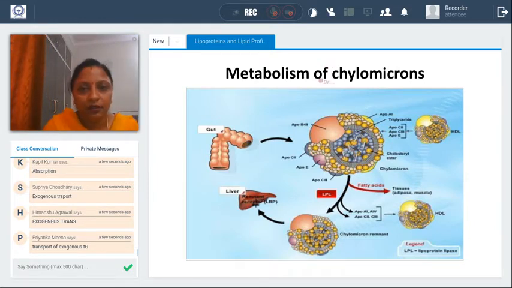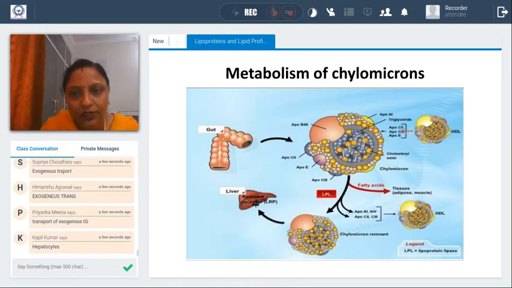This figure shows the metabolism of chylomicrons. You can see here, this is HDL. HDL gives ApoC2. Here you can see ApoE, and this is the gut, this is the liver, and this LPL, lipoprotein lipase, converts into fatty acids and glycerol.